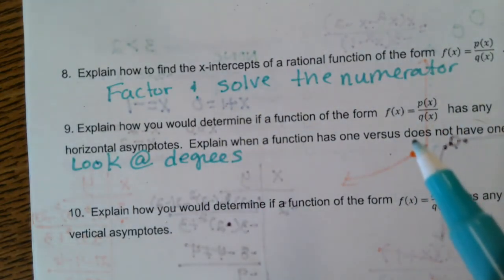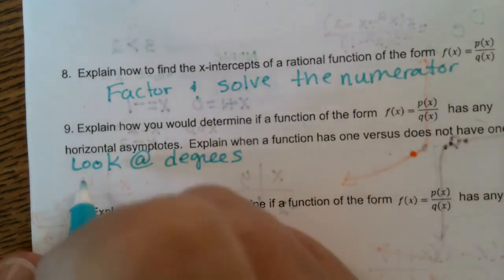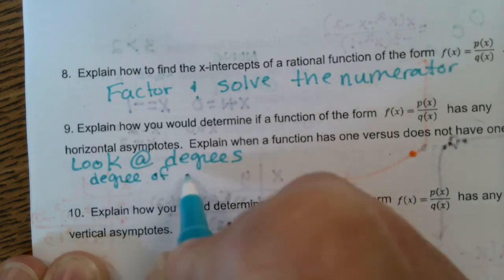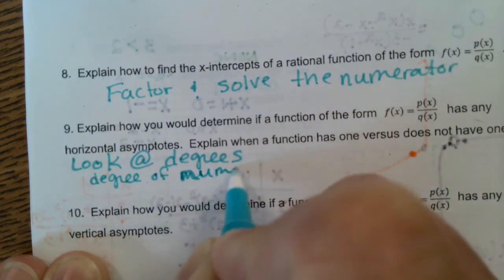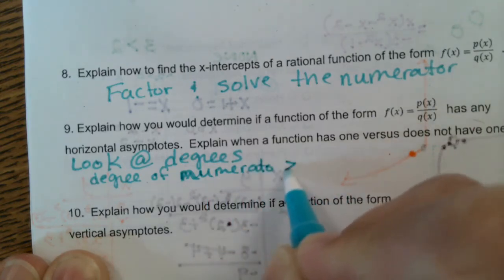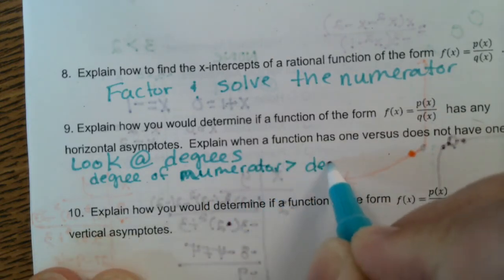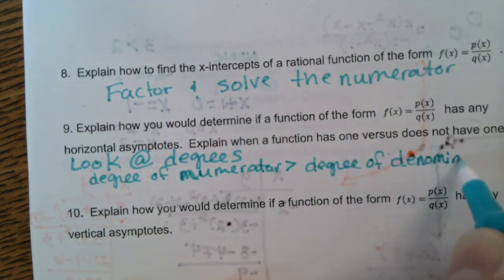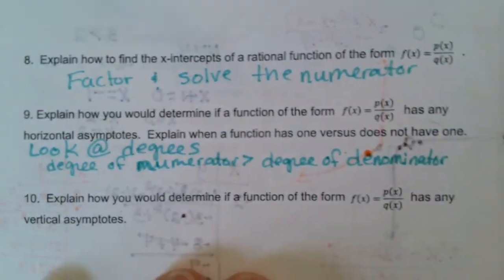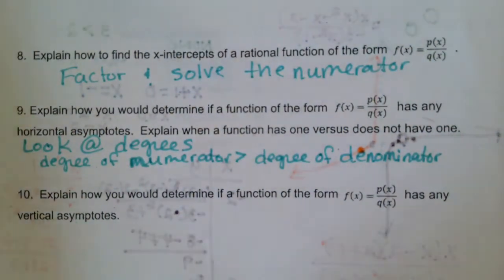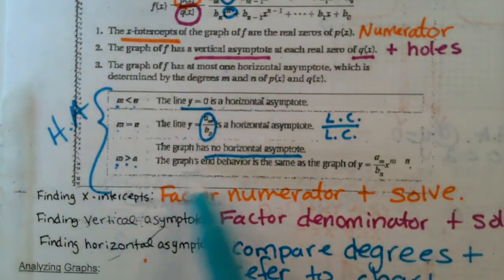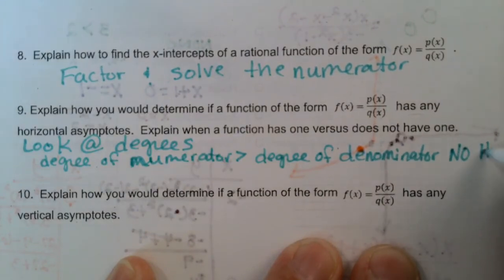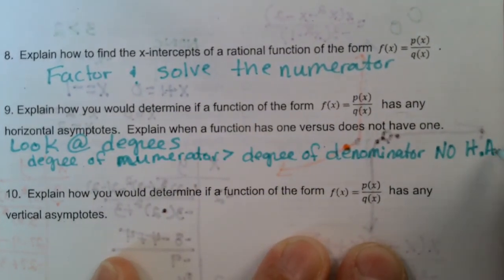If the degree of the numerator is greater than the degree of the denominator, then, I went backwards, there is no horizontal asymptote.